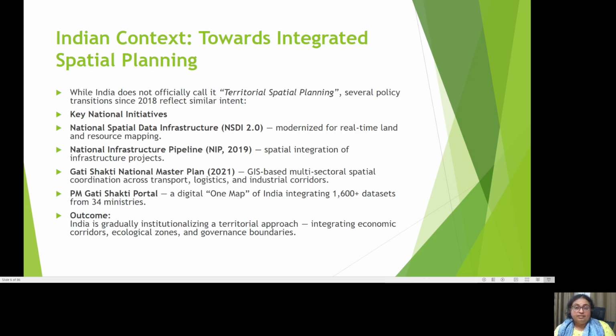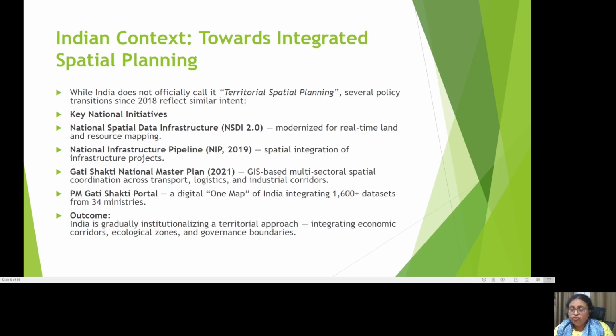Another good example is the Gati Shakti National Master Plan, conceived and formulated in 2021, which is a GIS-based multi-sectoral spatial coordination across transport, logistics and industrial corridors. The PM Gati Shakti portal, a digital one map of India, integrates 1600 data sets from 34 ministries.